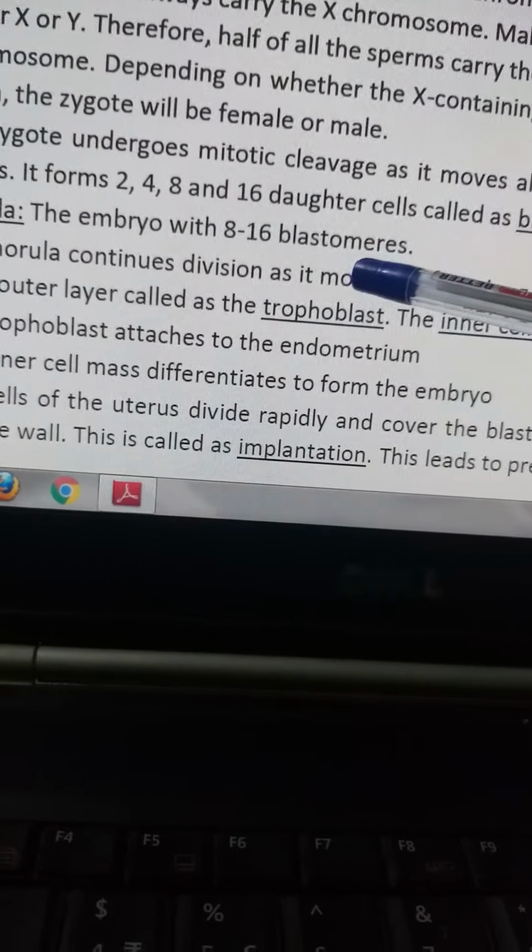Now you see in the figure it is more clear. You see first this is the primary oocyte, sperm cone, entry of the sperm, gets fertilized, divides into two.